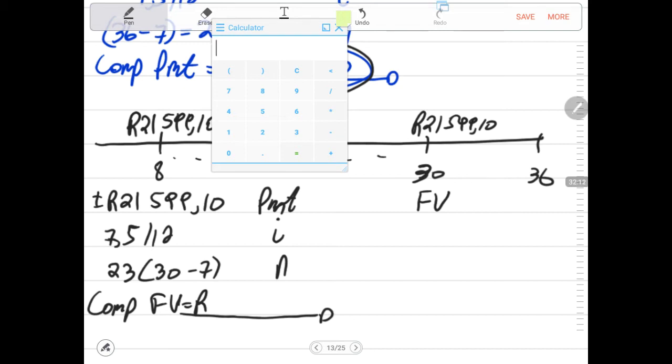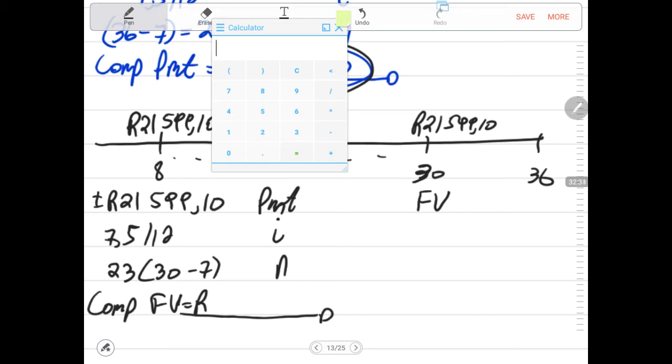Remember, I'm using a Sharp calculator, not the HP. Plus minus 21,599 rand 10 cents is the monthly PMT. 7.5 divided by 12 is our interest, press interest. 23 is N, compute future value.